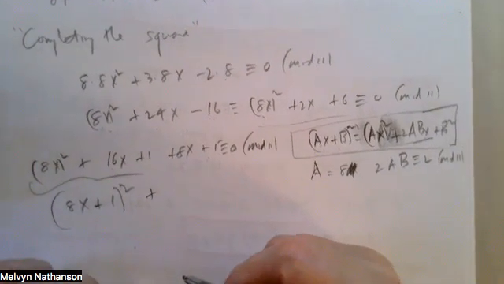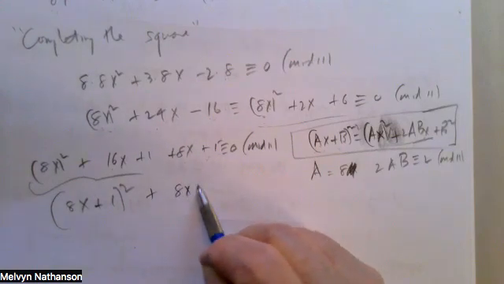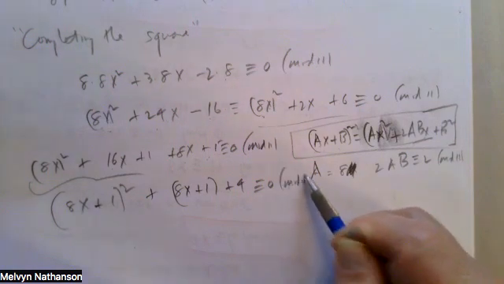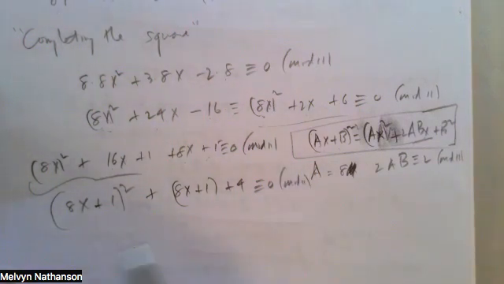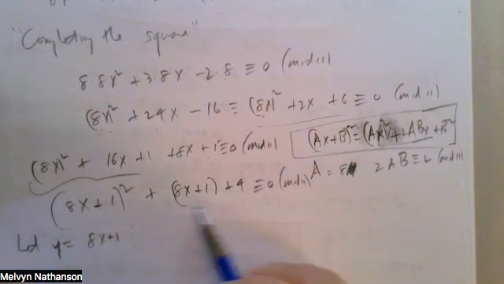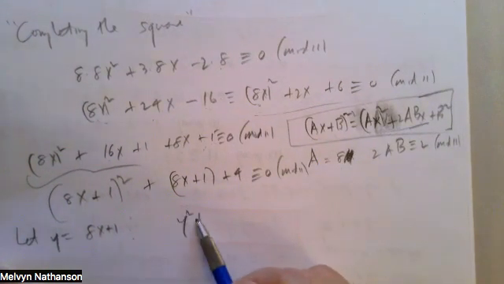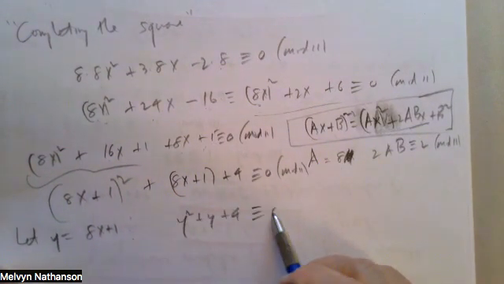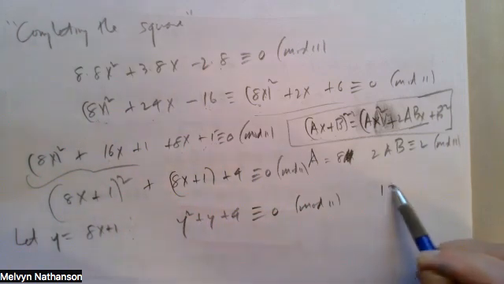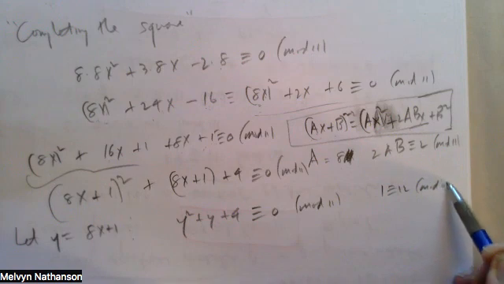Maybe I should have picked an easier example, but 8x plus 5 is 8x plus 1 plus 4, congruent to 0 mod 11. Suppose I let y be equal to 8x plus 1. Then this equation becomes y squared plus y plus 4, congruent to 0 mod 11, which is the same as y. 1 times y is the same as 12 times y, since 1 is congruent to 12 mod 11.